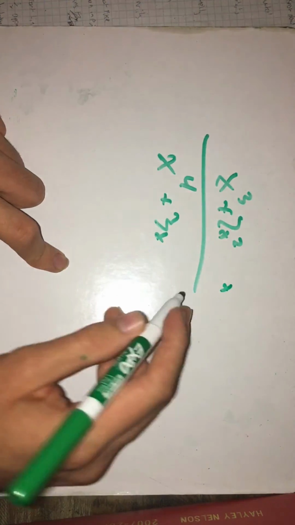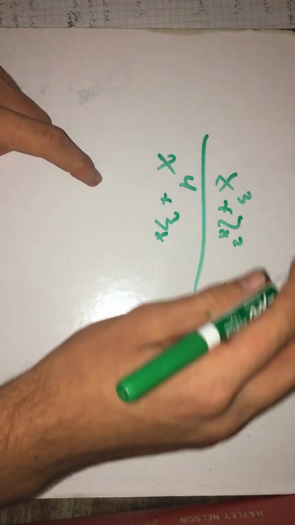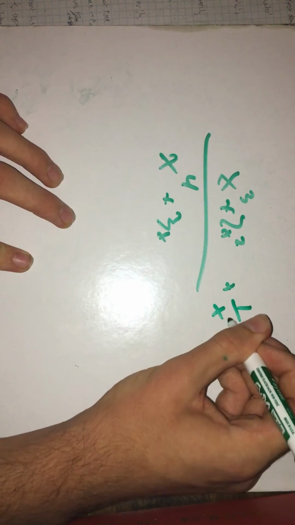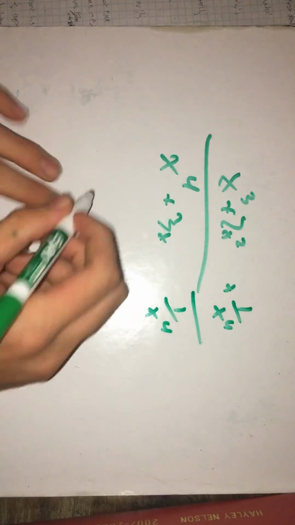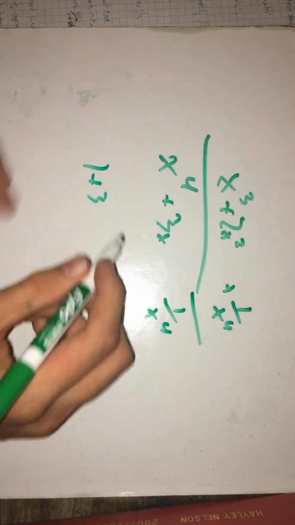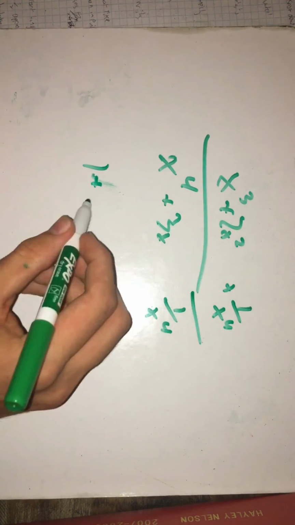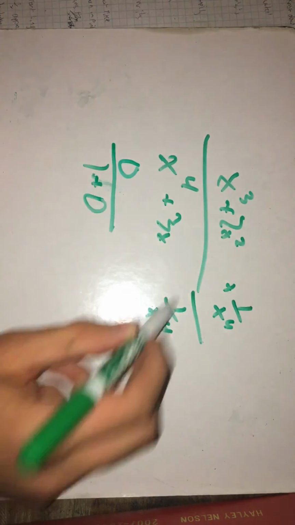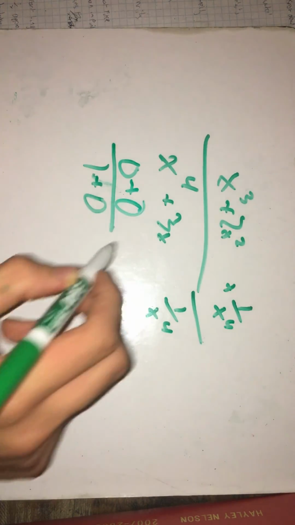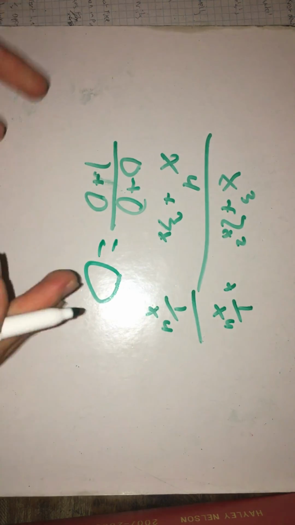We divide by 1 over x to the fourth, and then we get 1 plus 3 over x, which you know is 0. So that's 1 plus 0 on the numerator, and on the denominator, that's 0 because it's x to the fourth, and that's also 0. So then we get 0 over 1, and that equals a beautiful 0.